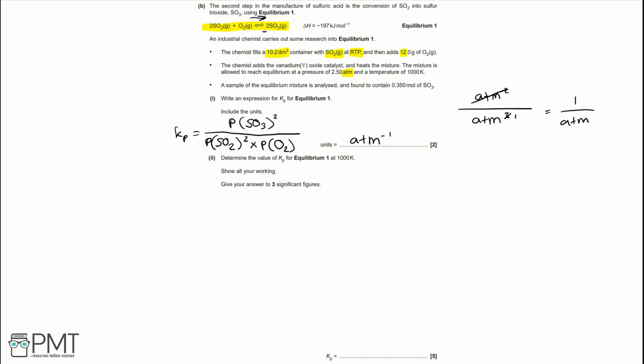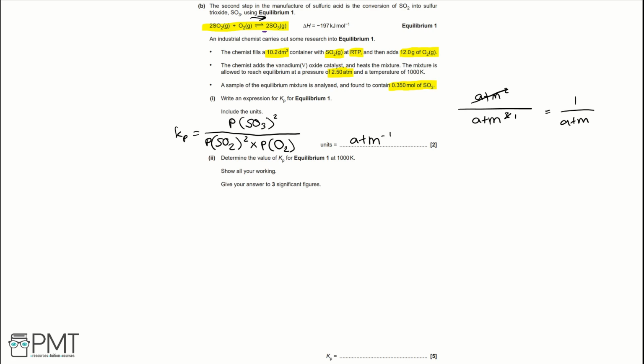Then the fact that we've got 12 grams of O2 is our next key piece of information. Also the fact that the total pressure of the system is 2.5 atmospheres and that at equilibrium we have 0.35 moles of SO3.